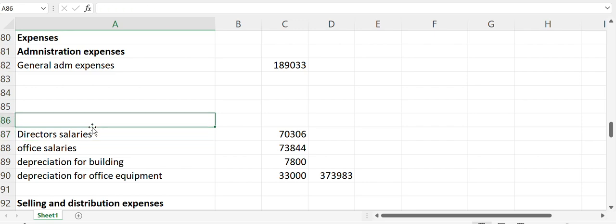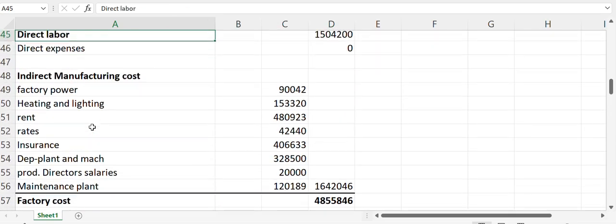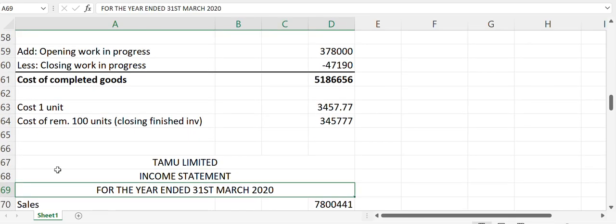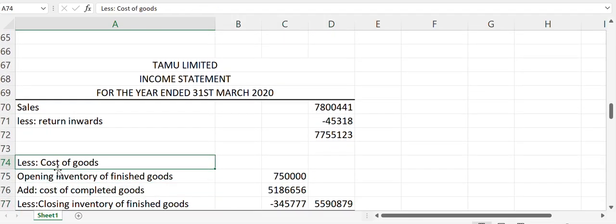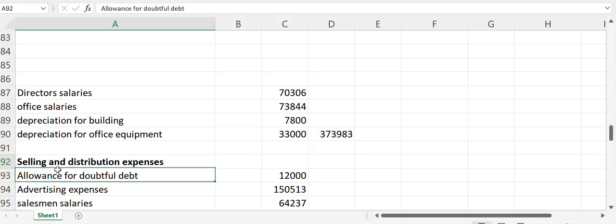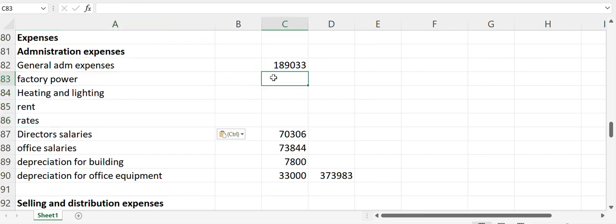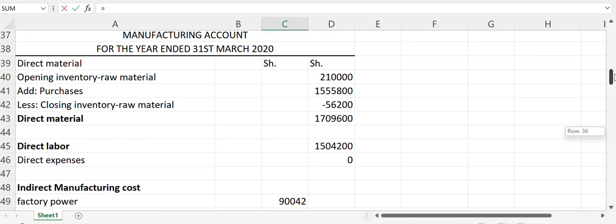Remember when you were doing that for the manufacturing, it was heating, lighting, rates. You are supposed to apportion the same thing here and in the income statement. So let us do that. We forgot that. So for factory admin, we had computation for that factory.